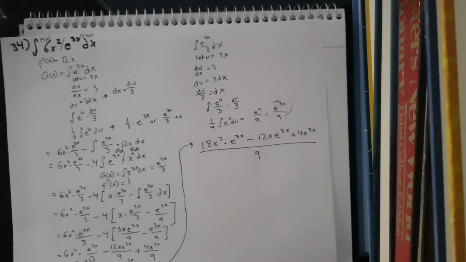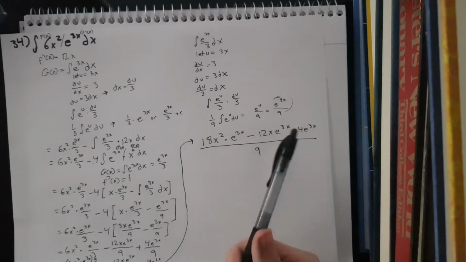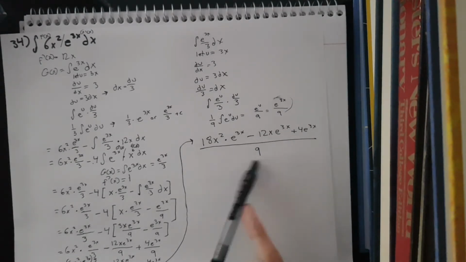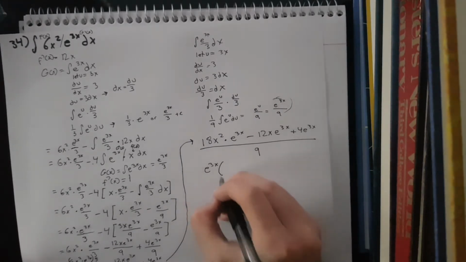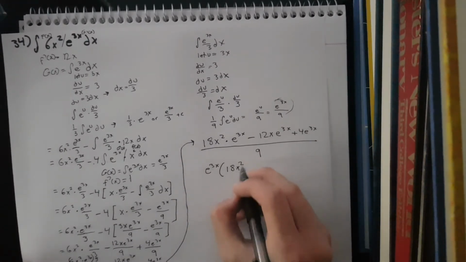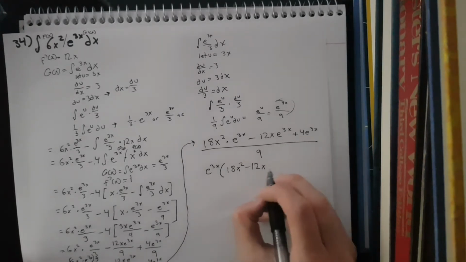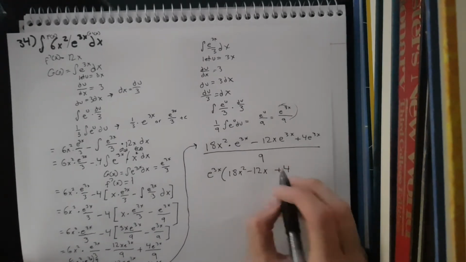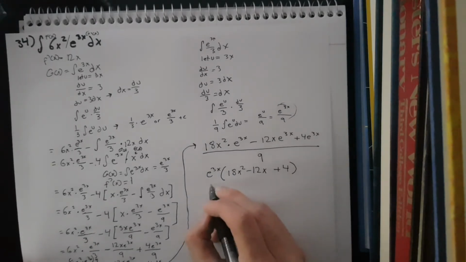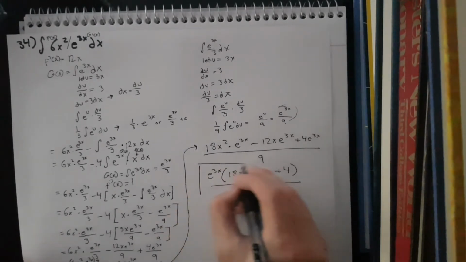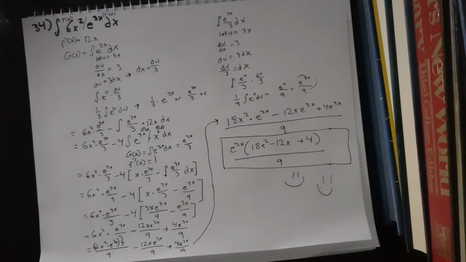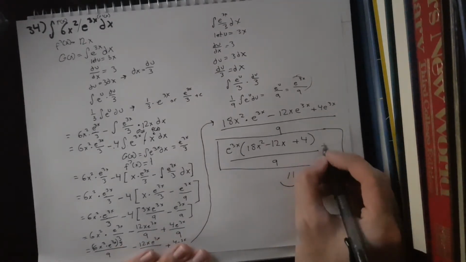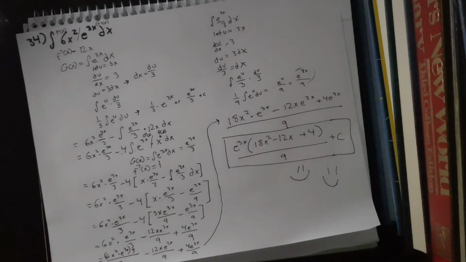And then looking at the terms, we see that we could take e to the 3x out of the numerator, so we could just rewrite it as e to the 3x times 18x squared minus 12x plus 4, all over 9. And that is our answer. Or that would be our answer, however, plus C. And then that's our answer.